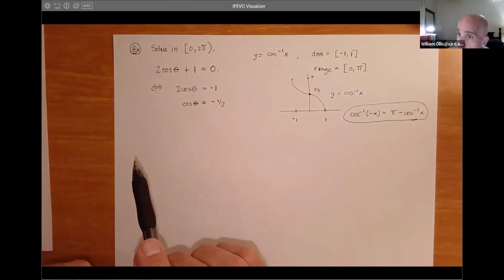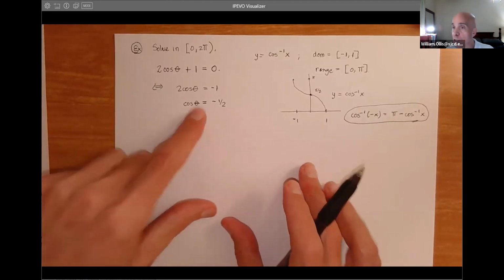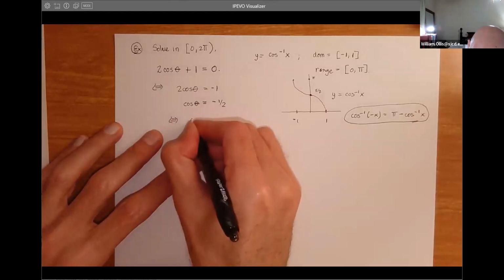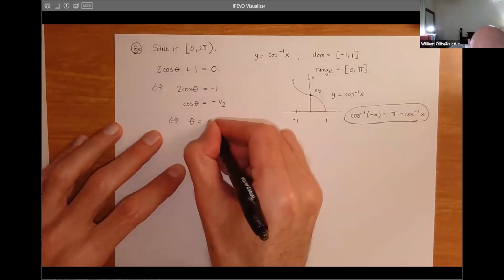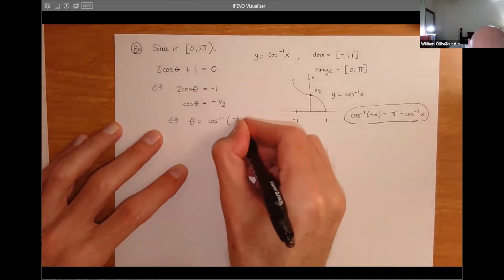So this makes perfect sense. It makes sense to apply the inverse cosine. This is defined, so we can move forward. So if and only if theta is the inverse cosine of -1/2.